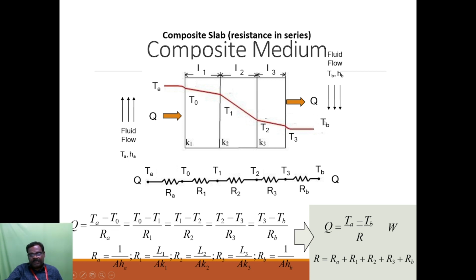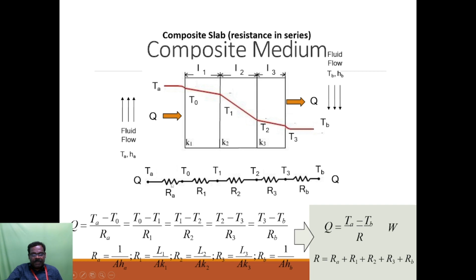Consider this as TA, this as TB. Then the temperatures of the inner wall are T0, T1, T2, and the outer wall is T3. Here you have to find out the heat transfer rate, using the resistance formula.